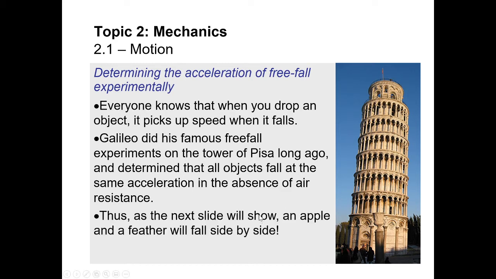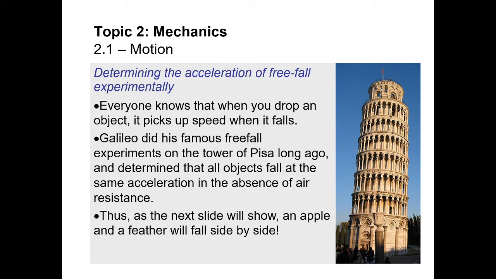Okay? Now, actual experiments of this have been done where they drop a bowling ball and a feather side by side in what's called a vacuum chamber. If you recall, we talked about what a vacuum was earlier in our course. A vacuum is a region of space where there are no particles. So what some scientists will do is they'll take a chamber and they will empty it of all particles.